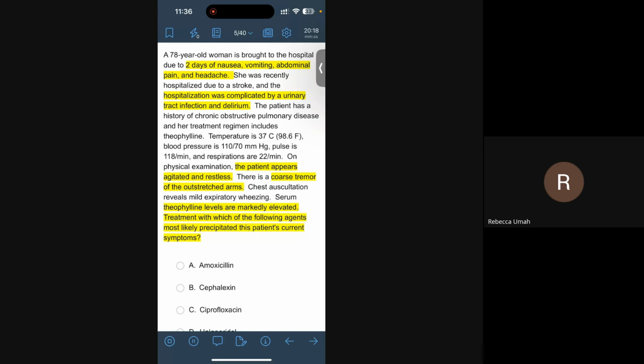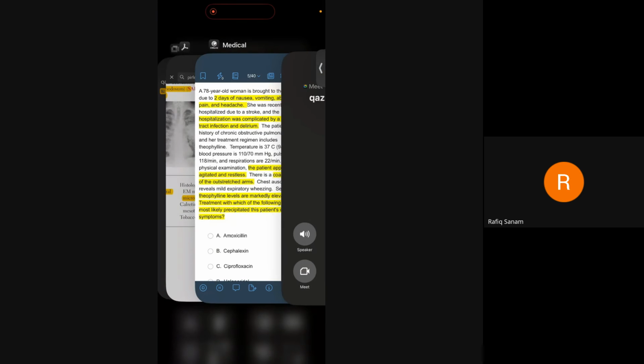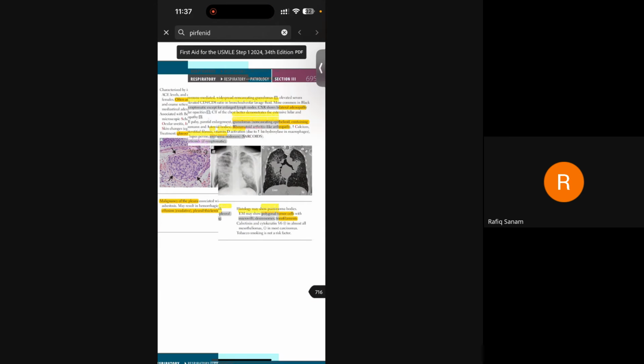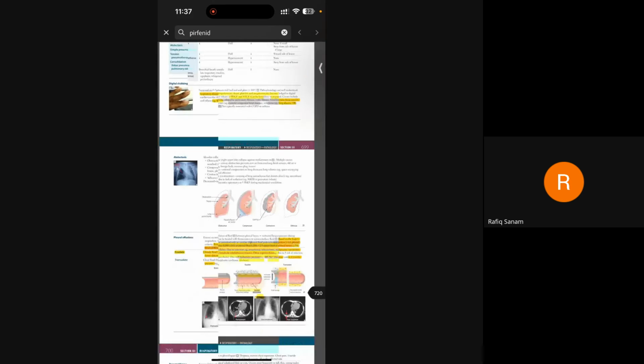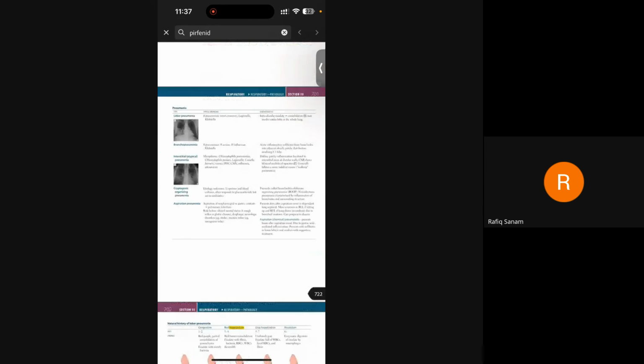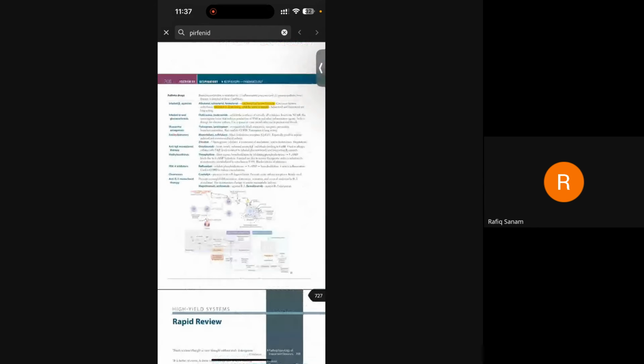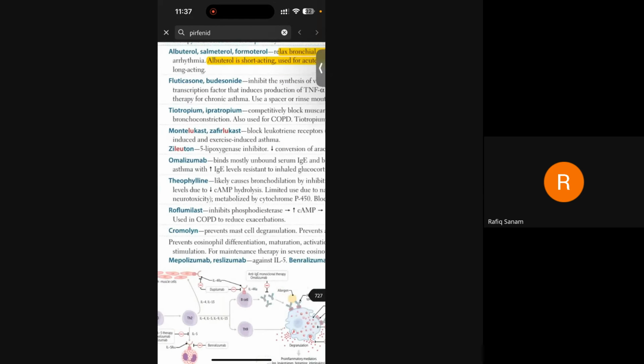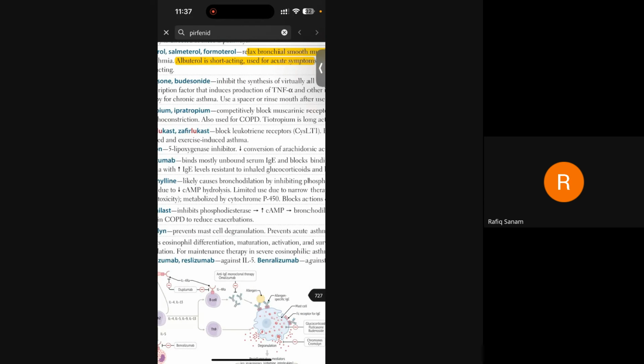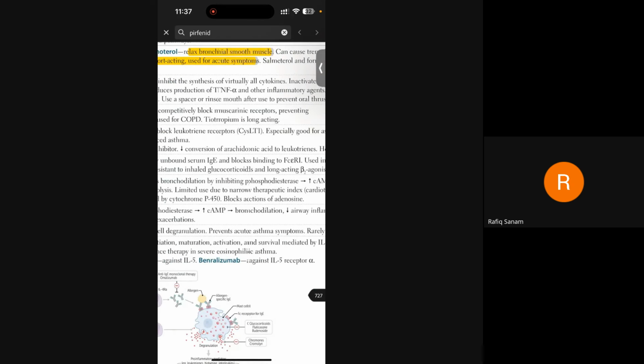Okay. So what do you think is happening in this question? I think theophylline level is increased due to interaction with the cytochrome P450 system. Let's first see: when theophylline levels are markedly elevated, what kind of symptoms will the person show? Theophylline causes bronchodilation by inhibiting phosphodiesterase.